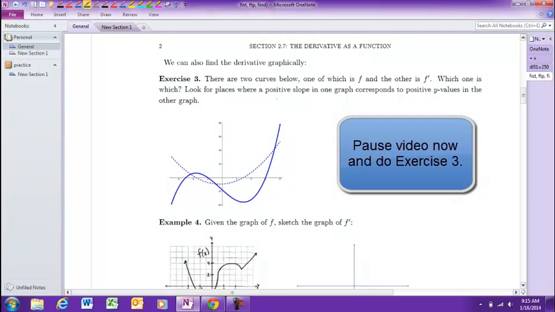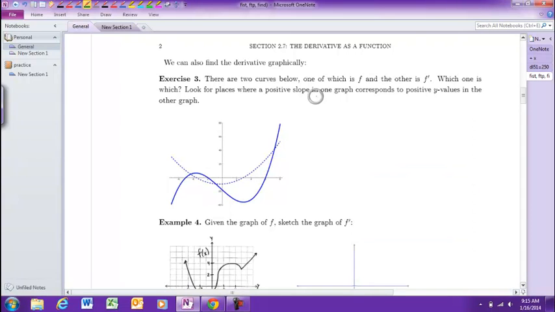Okay, so there's a couple of things to look for. I say look for places where a positive slope in one graph corresponds to positive y values. If you have a function f and it's got a positive slope, then its derivative f prime will have positive values at that spot as well.